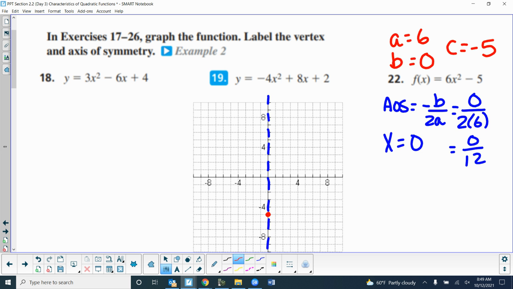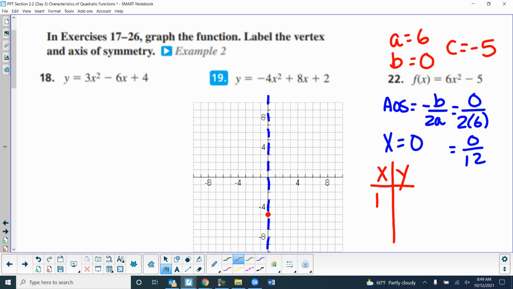So we got to find a point, right? Well, what's an easy point x value to pick? If this is my y-intercept, either side of that, right? So let's go to the right. What number are we going to use? If I go right, we usually just go by ones, don't we? Yeah, so it's just 1, right?